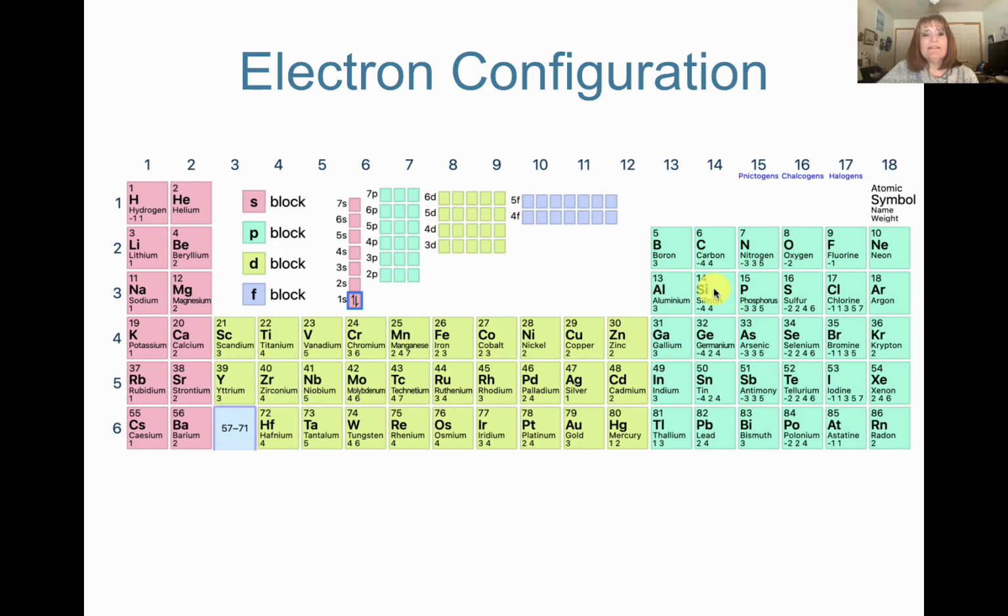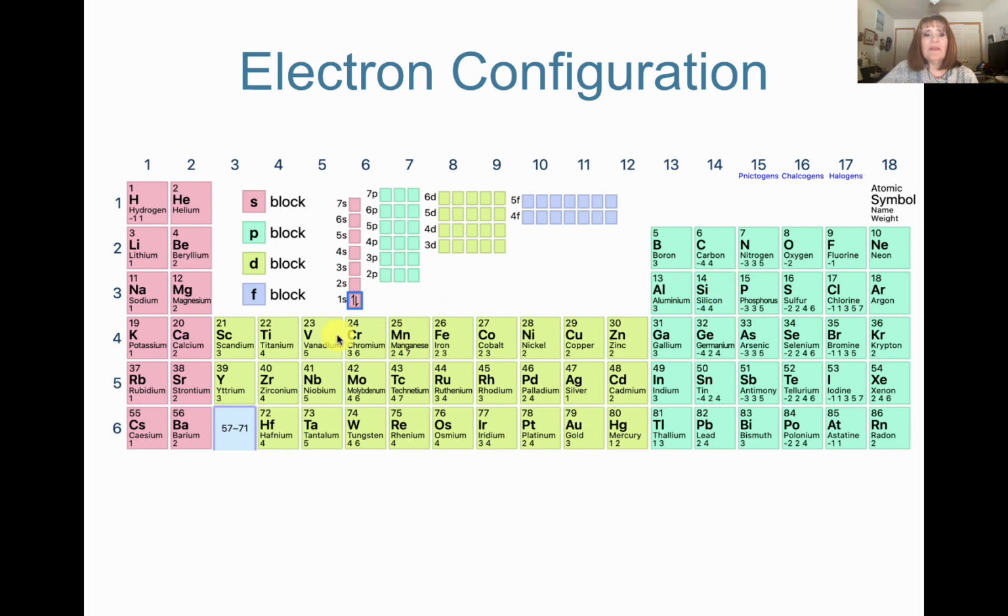So we would write down and fill 1s2, 2s2, 2p6, 3s2, 3p2, because silicon is in the second seat on shell 3 in the P block.